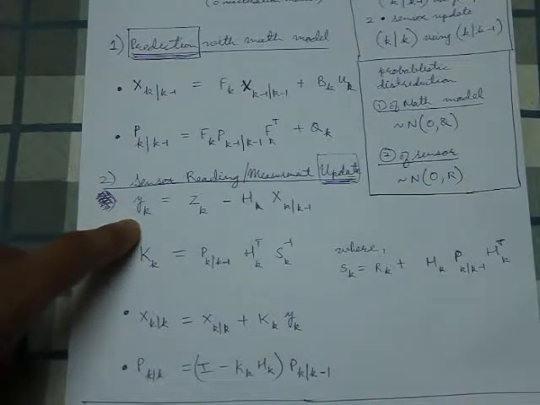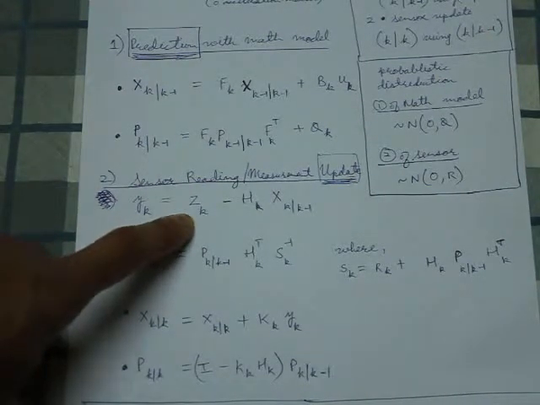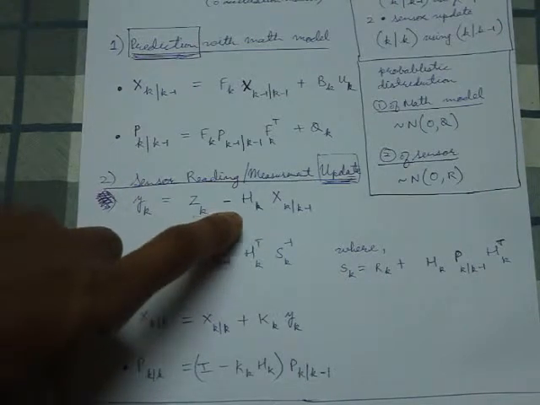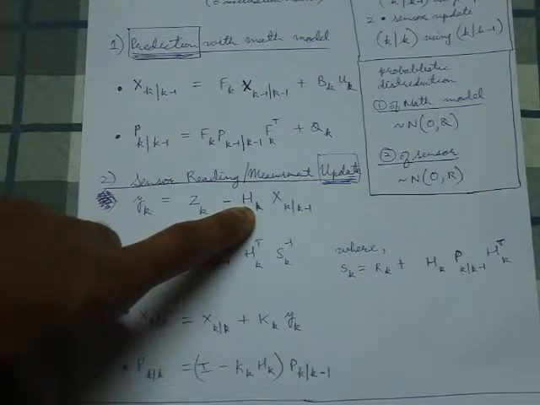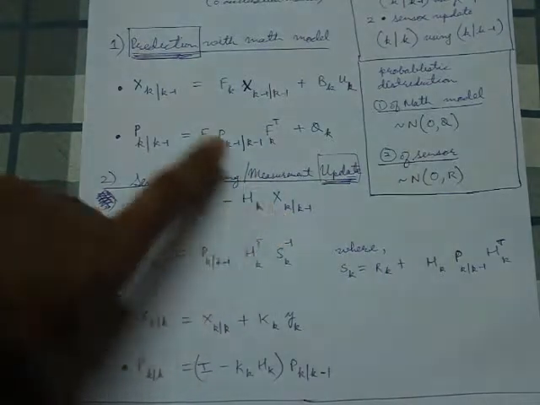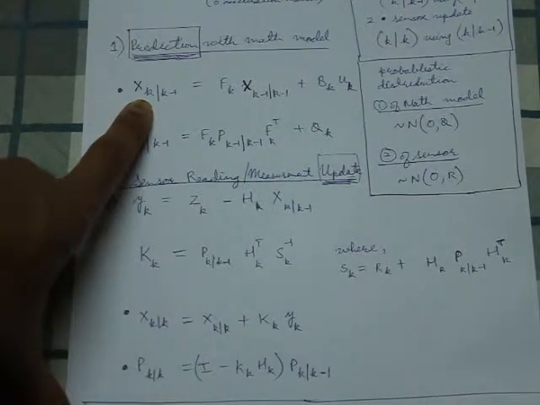So in the error calculation step, zk represents the actual value that the sensor gives out, or the sensor reads. Hk stands for the measurement function, and xk given k minus 1 is the value that we had predicted using the mathematical model.